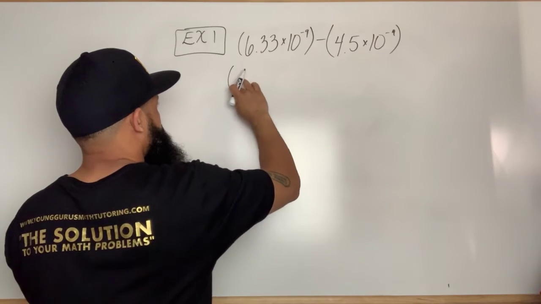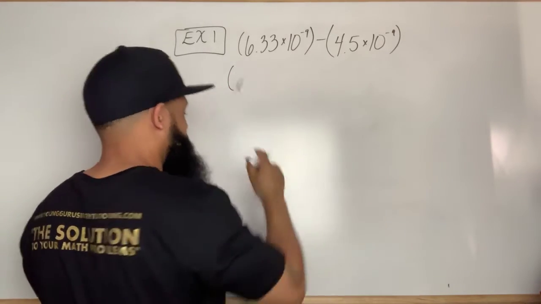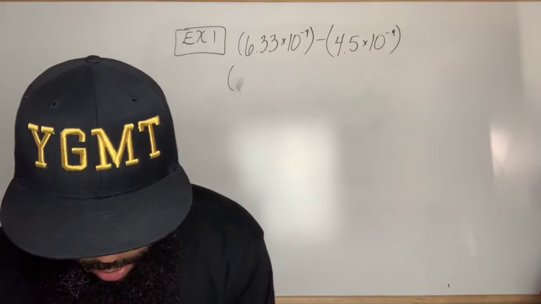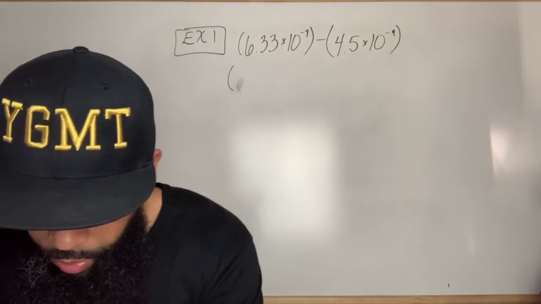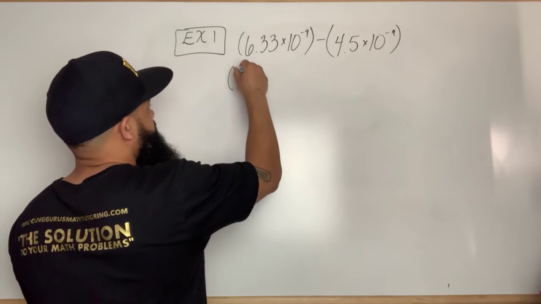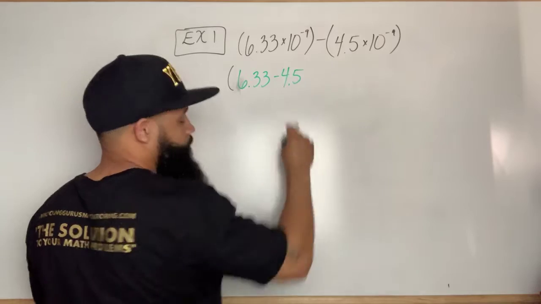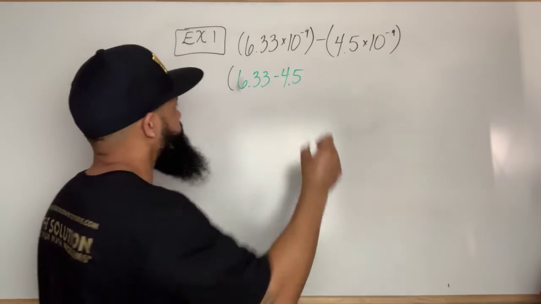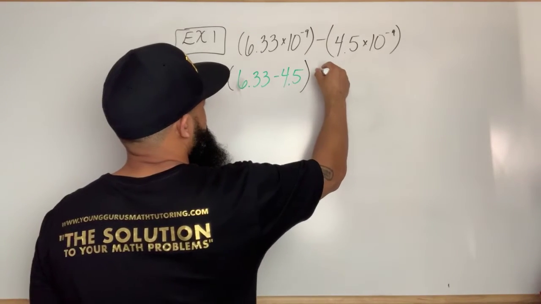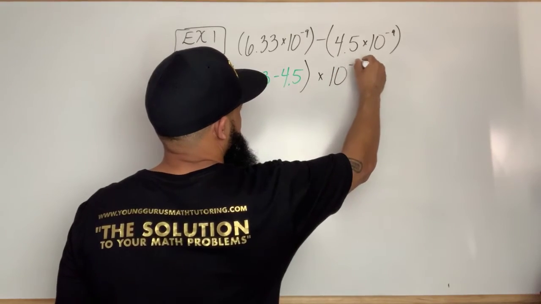Let me write that in a different color. We're simply going to say 6.33 minus 4.5, and then times 10 to the negative 9th power.